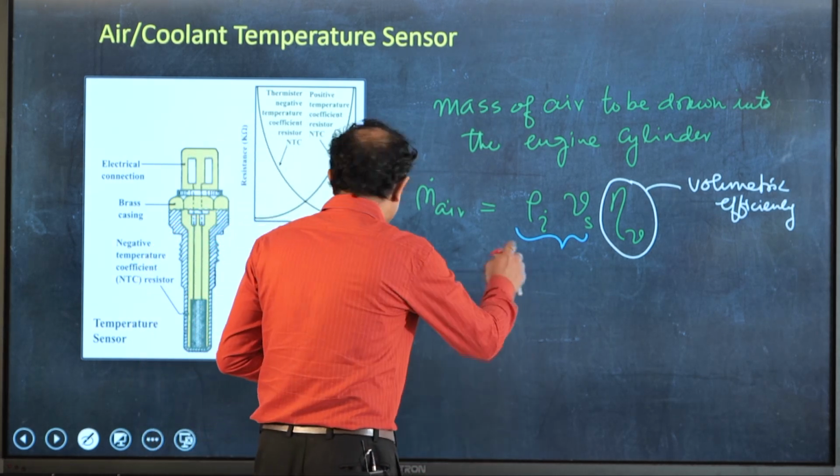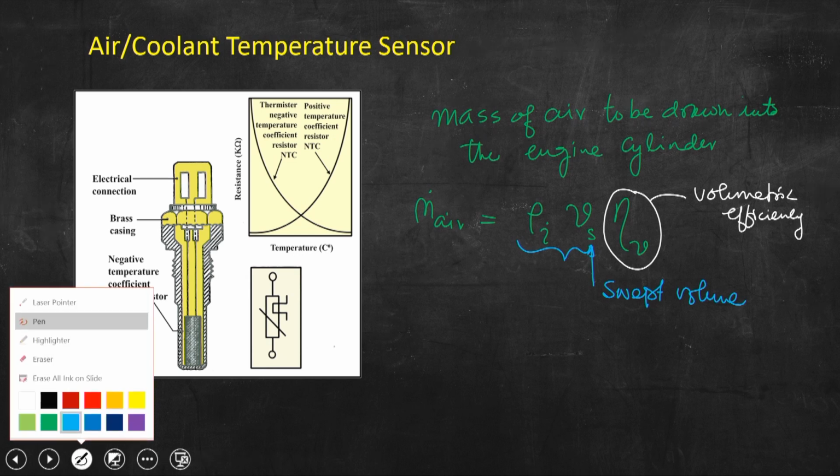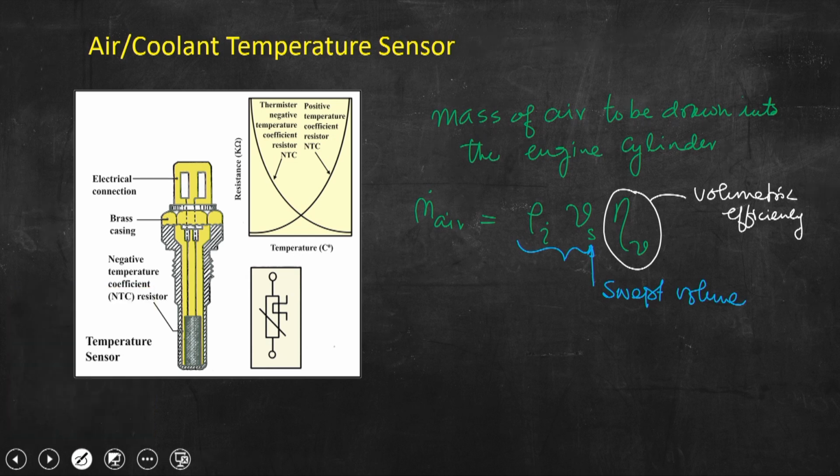Now, V_s is the swept volume, and most importantly the quantity which will govern the mass of air to be drawn into the engine cylinder is the density of incoming air.